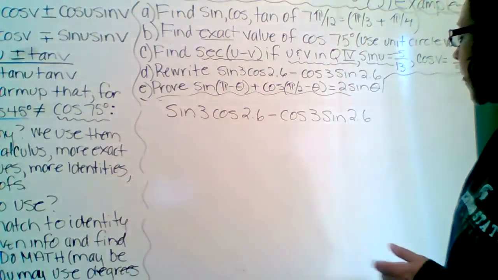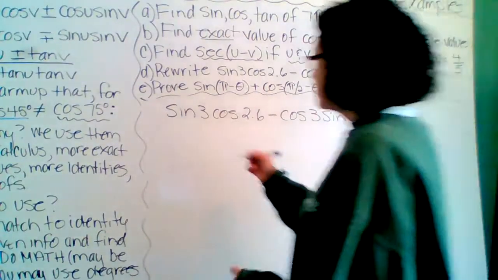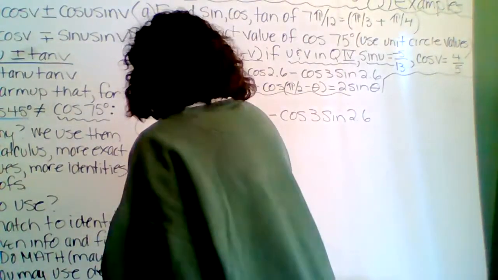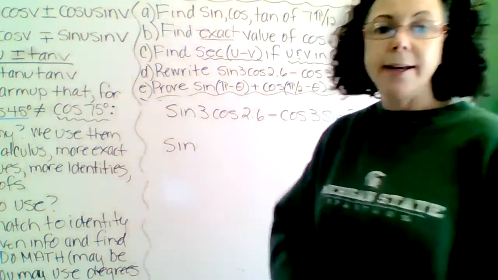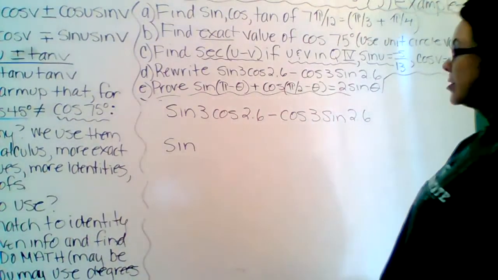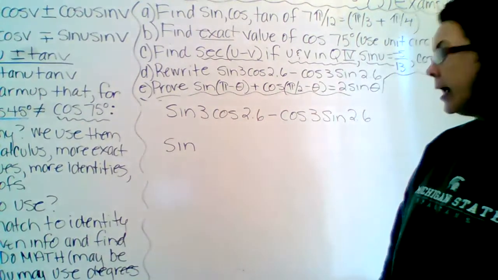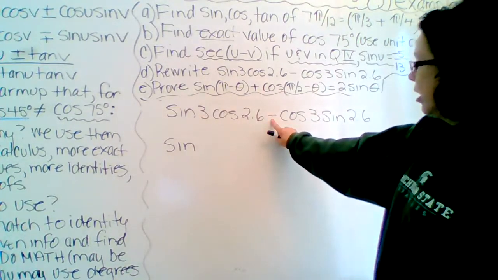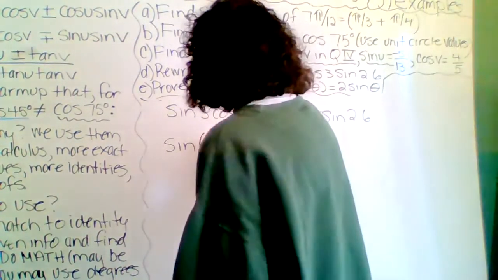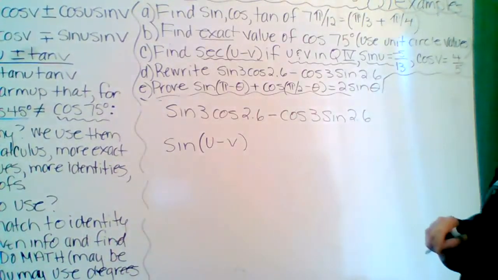First of all, I have sine, cosine, cosine, sine. This must be sine, because if it was cosine, I would have two cosines right here. And if it was tangent, I would have a lot of tangents in here. And because there's a minus sign here, this must be sine of two angles being subtracted.